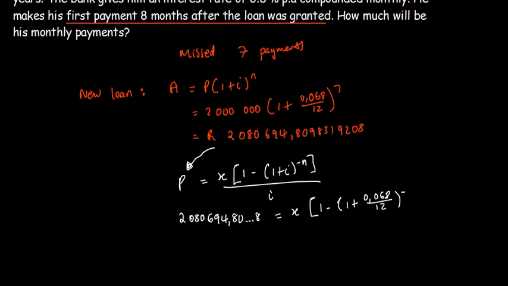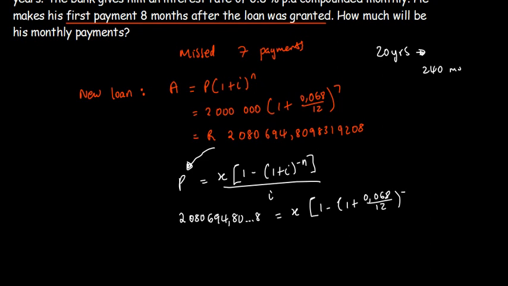So what would be n now, right? Now n, good people, n will be the payments that are left to be made, the payments that are still to be made, okay? If you can remember very well, initially we said 20 years. In 20 years we have 240 months, right?